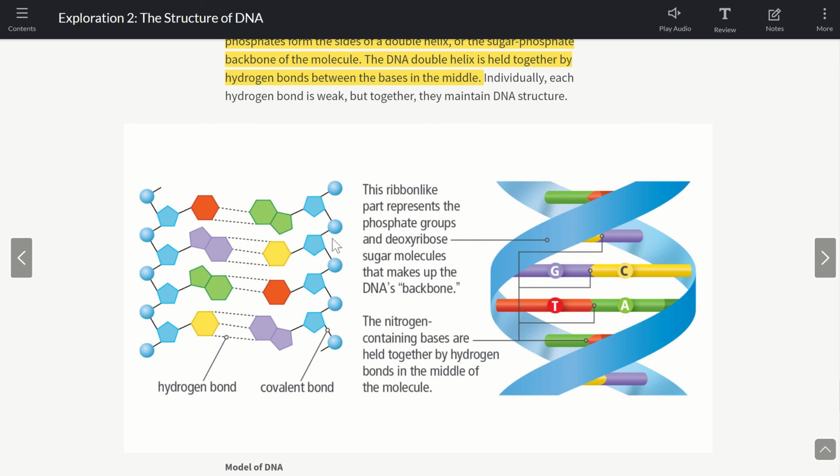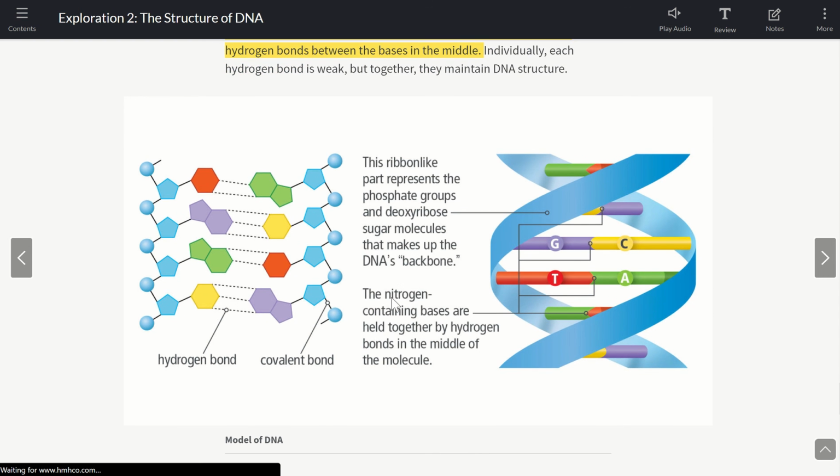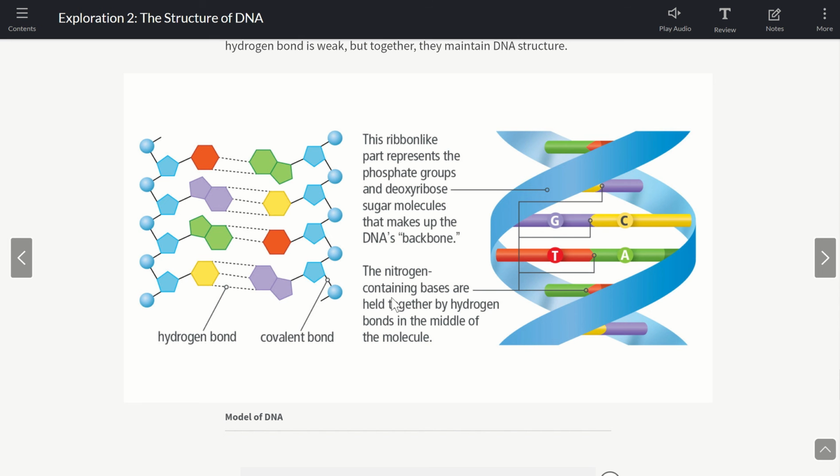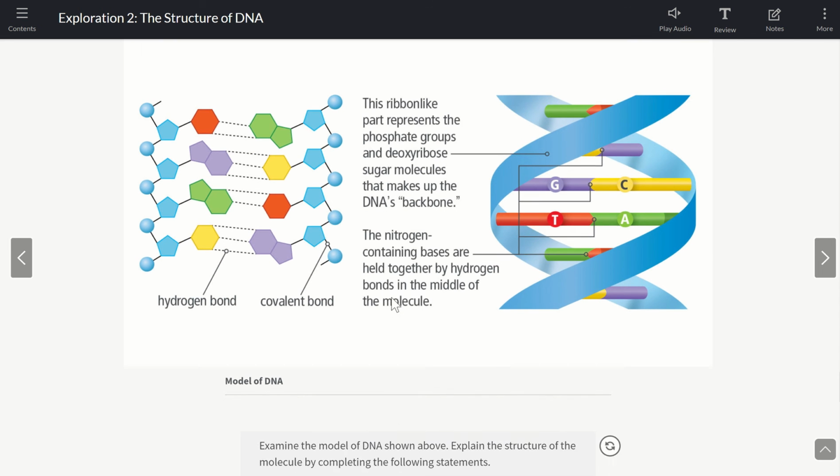So we call this the backbone right here. All right. And then again, if you look at this picture, it's going to show you those nitrogen bases, A and T, C and G, they are always going to be complementary to each other. When you have a G on one side, you'll have a C on the other. When you have an A on one side, you'll have a T on the other. And that's going to be, again, very important as we begin to talk about some of the other functions of a DNA molecule.